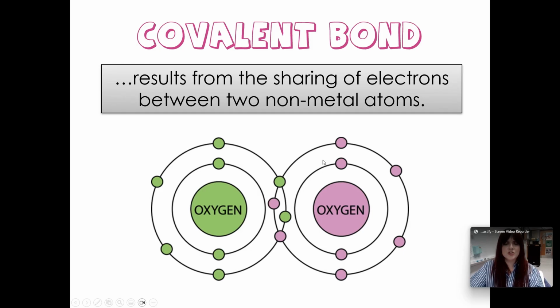So this oxygen will share 2 electrons from it, and this oxygen will share 2 electrons from it. So that way, since they're sharing those electrons, they both have 8 in their outermost shell. So we're not stealing away, we're not making any charged particles, they're simply sharing between the 2.